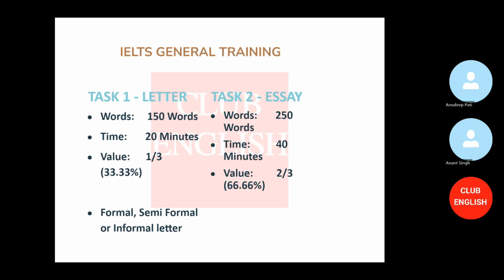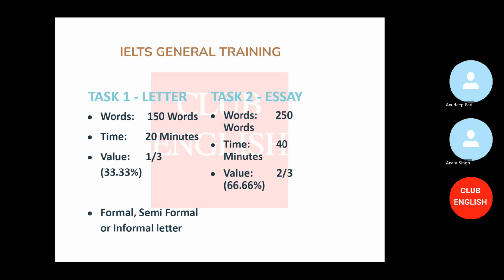Okay, so in the letter, for example, you will be getting a 5 band, and in the essay, suppose you are getting a 6 band. They will be doing 5 plus 6 plus 6 upon 3. They are not going to do 5 plus 6 upon 2, that means an average. Rather, they would be giving more value to task 2 and double counting it.